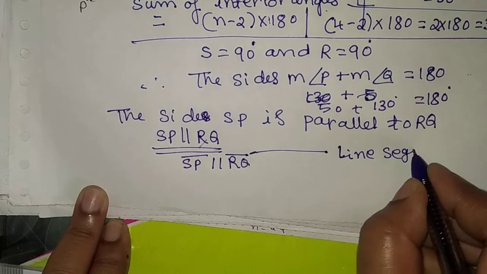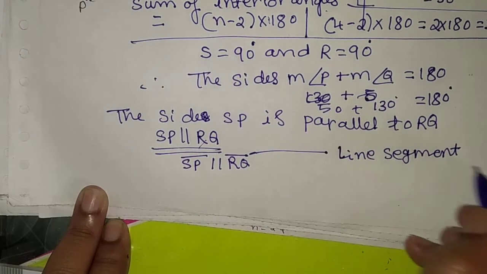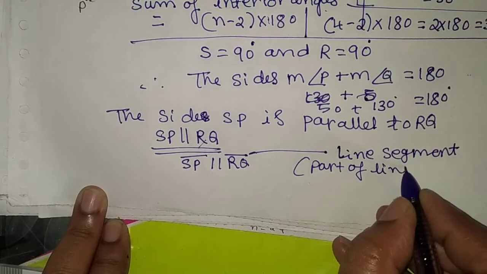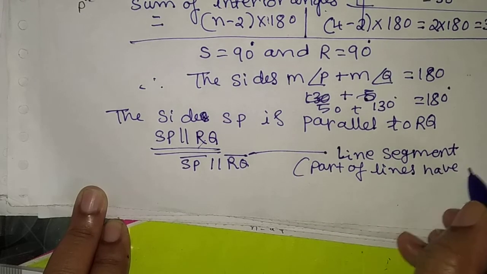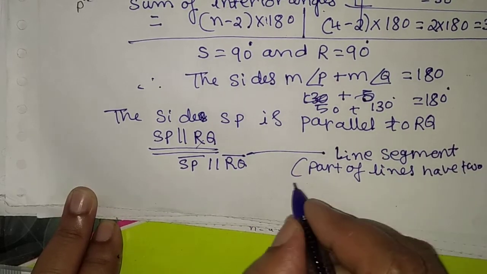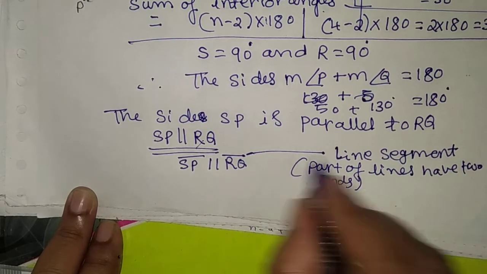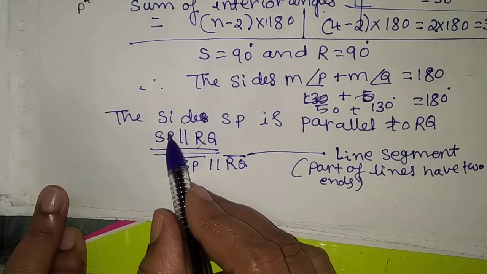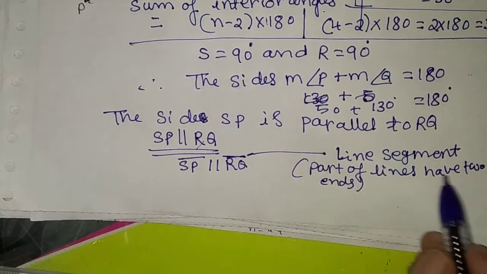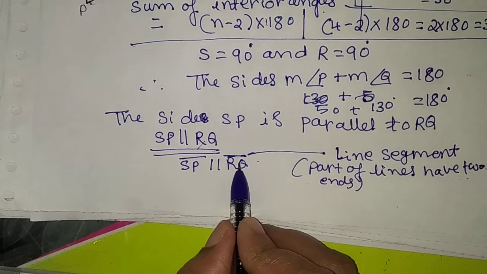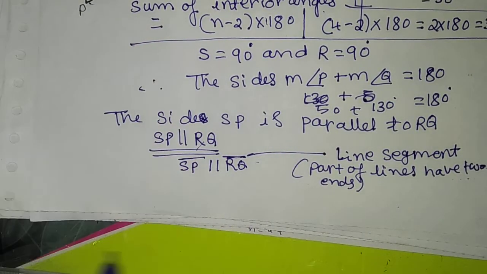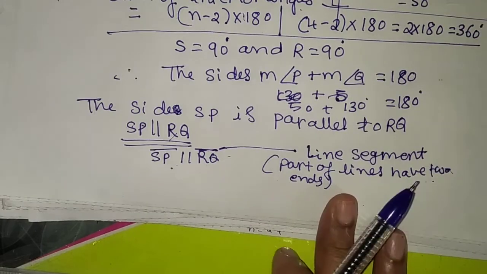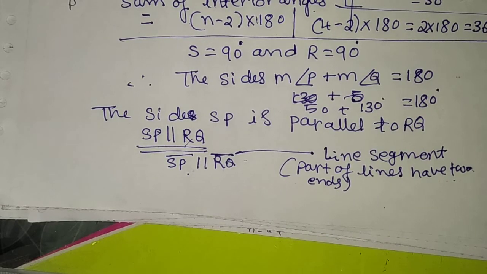A line segment means part of a line that has two ends. So finally we can write SP is parallel to RQ. So this is the solution for the 12th problem.